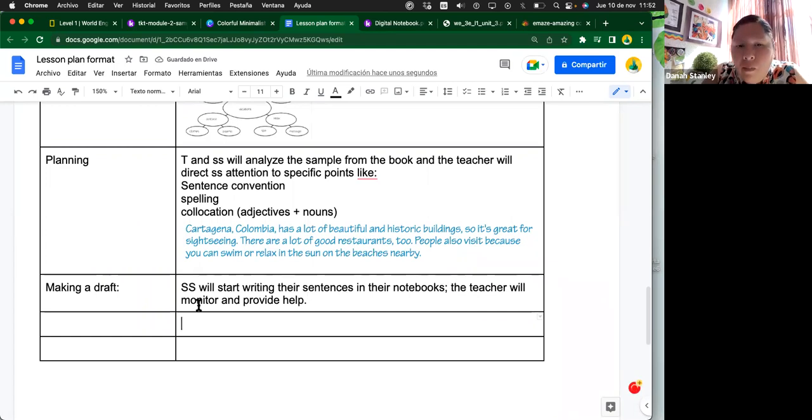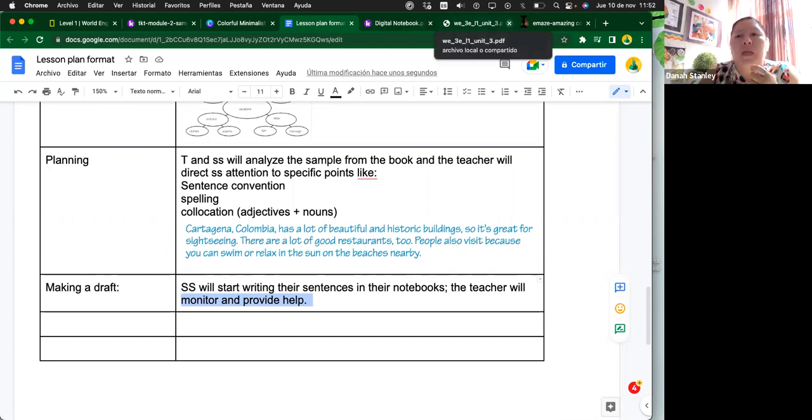Aquí nada más dice monitor and provide help. No dice va a calificar, a decirle, quítale, ponle, etc. Okay? All right, just monitoring. And remember, I detect if they are committing the same mistake, entonces, when they finish making the draft, I direct their attention, I provide the feedback in general, and probably I give them 1 minute or 2 to check their piece of writing and correct, okay?